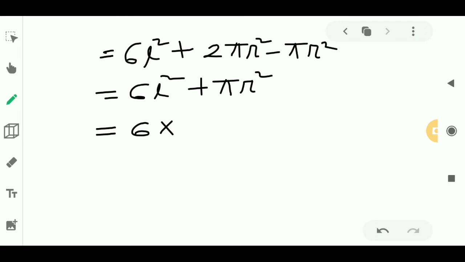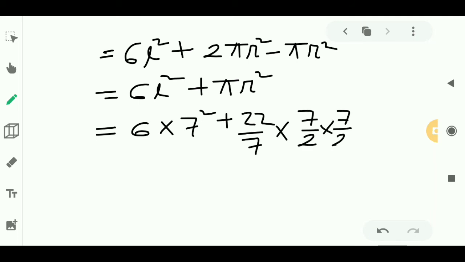6 into L, L is how much? 7 centimeters. So 6 into 7 square plus 22 by 7 into r square. R is 7 by 2 only.